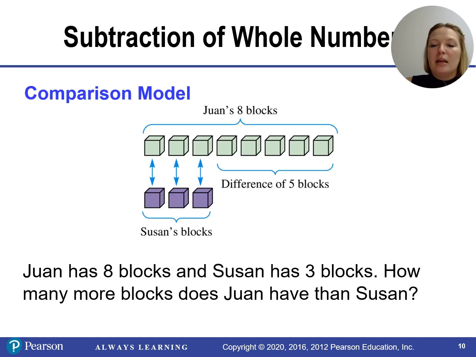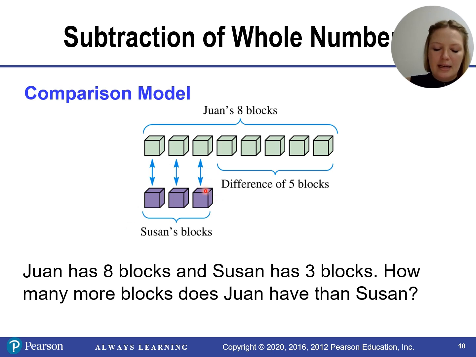Another model for thinking about subtraction is the comparison model. Instead of adding to or taking from, we might be comparing 2 sets. Juan has 8 blocks and Susan has 3 blocks. How many more blocks does Juan have than Susan?